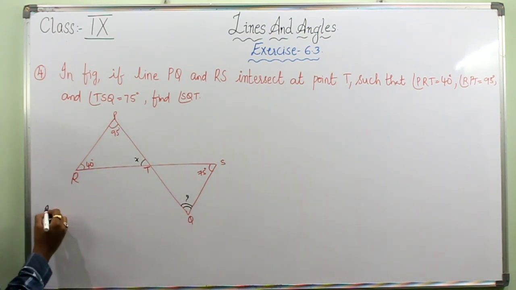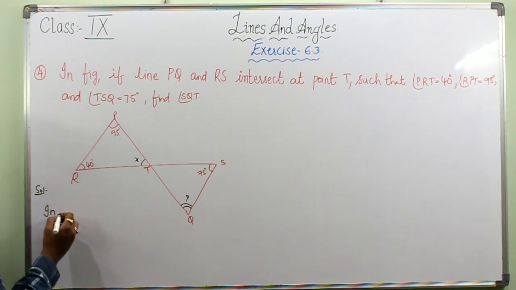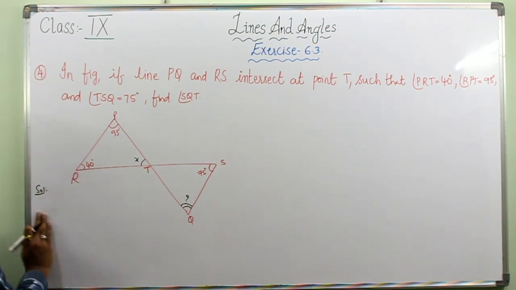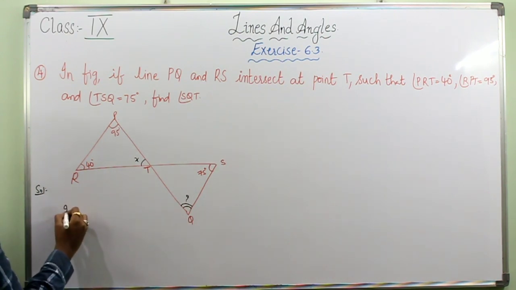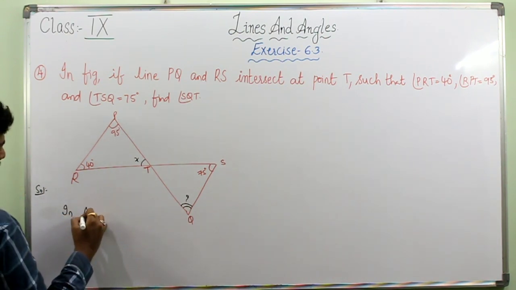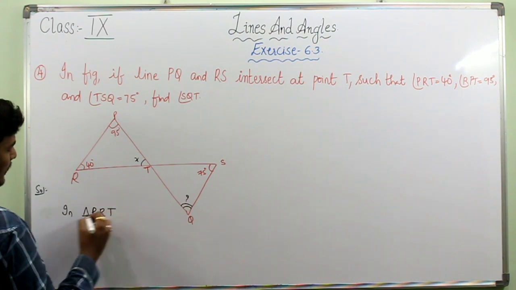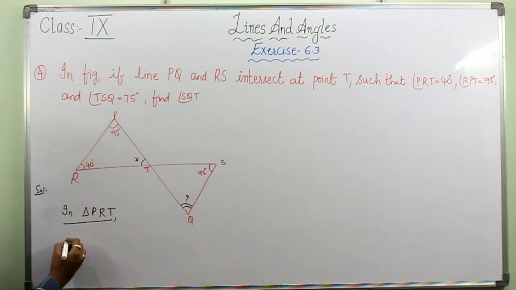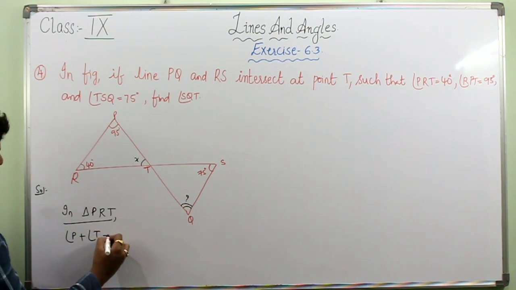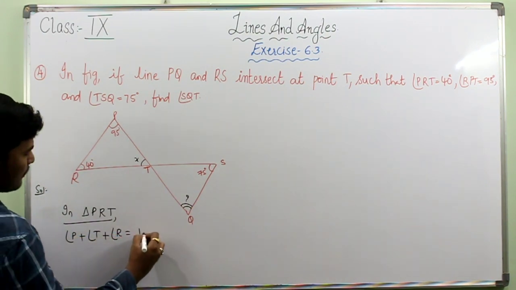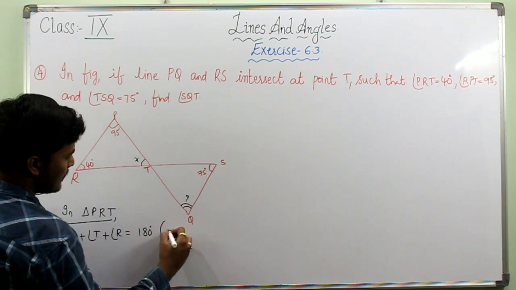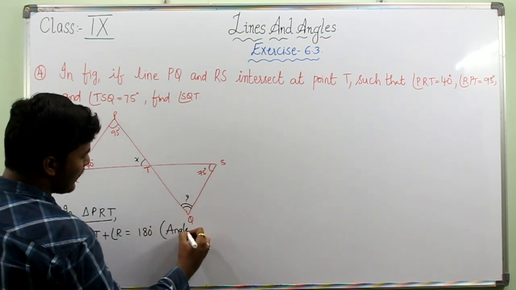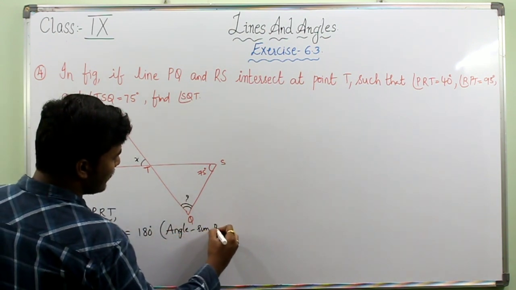So what I'll write is, consider triangle PRT: angle P plus angle T plus angle R is equal to 180 degrees. The reason here is angle sum property.